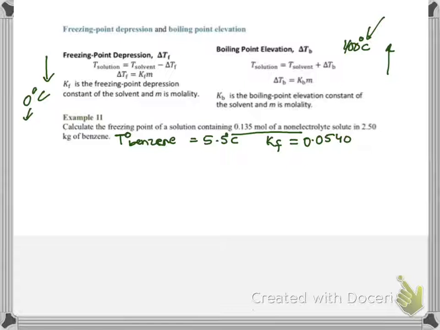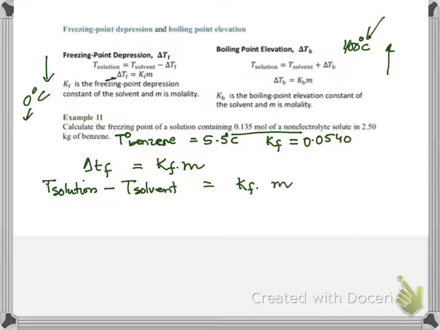So now let's use the formula delta Tf equals Kf times m. I'm getting it from here. What is delta Tf? It is the freezing point of the solution minus the freezing point of the solvent, equals Kf times m, molality. The freezing point of the solution is what we have to calculate. Freezing point of the pure solvent is 5.5 degrees Celsius.